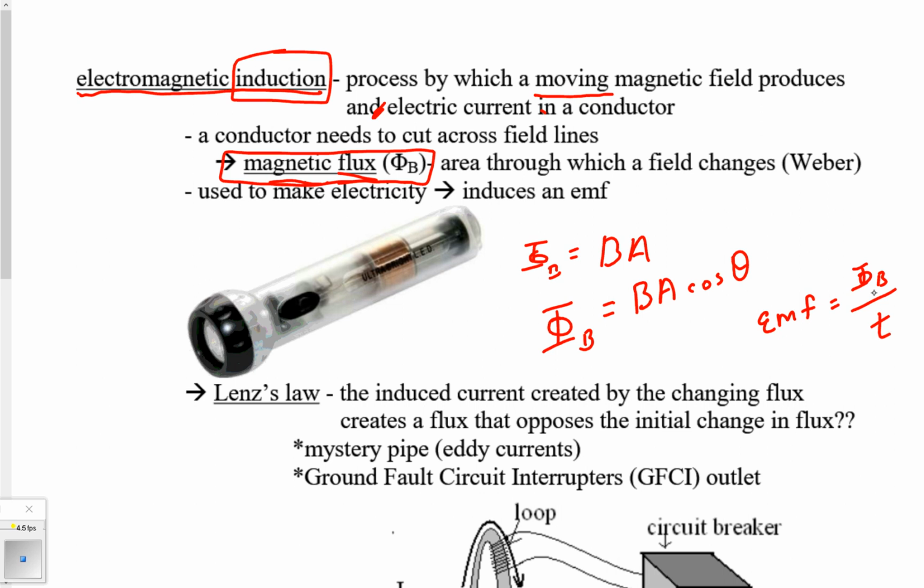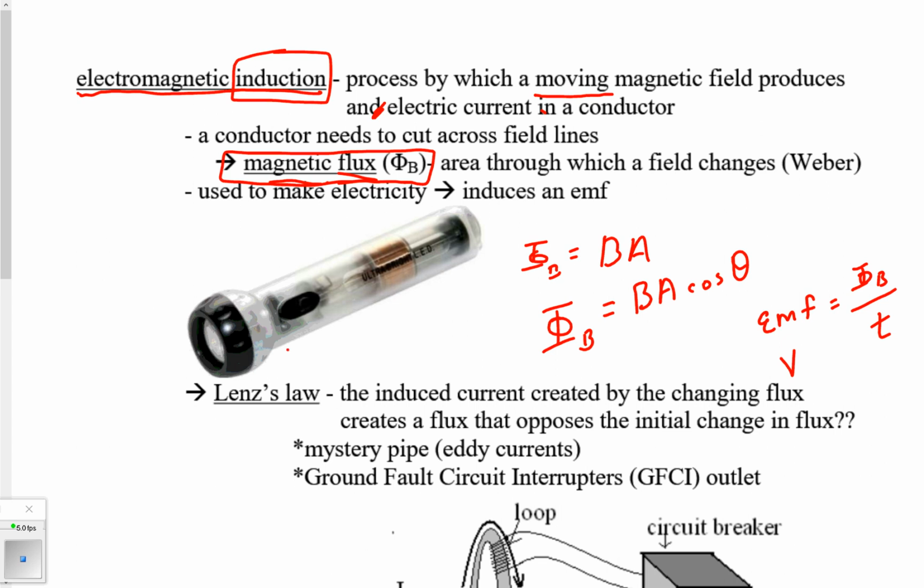So obviously, the quicker I move the magnet back and forth, the greater the effect. And you're probably looking at this going, Mr. Cole, what is this EMF? Well, I'll give you a hint. It's measured in volts. So we've still got a potential situation going on here, but unlike a battery or another source, we're inducing this flow of electricity, this electromotive force, if you want to call it that.